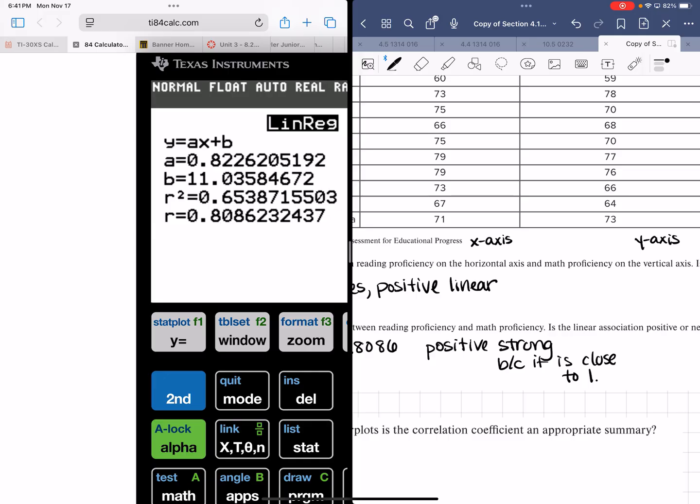Okay, so not too bad. So what would be considered weak? Anything close to 0. Your correlation coefficient will always be between -1 and 1, so it's always going to be a decimal. It'll never be over 1 and never less than -1. If it's a 0.5-something, it's kind of weak, a little weak, not bad weak.